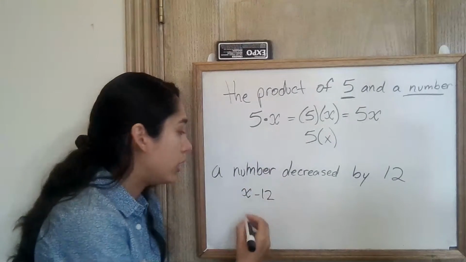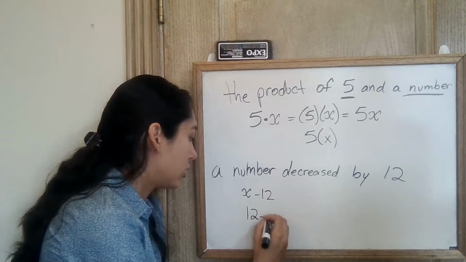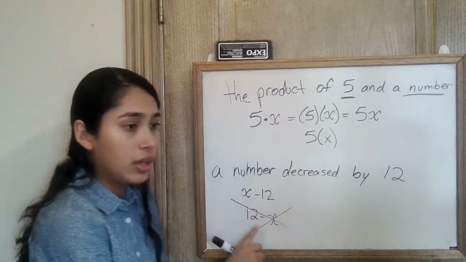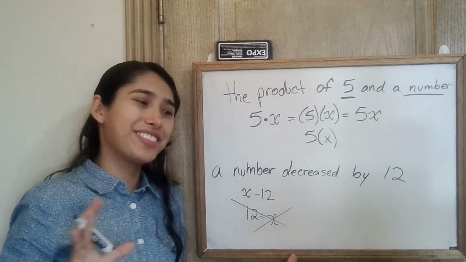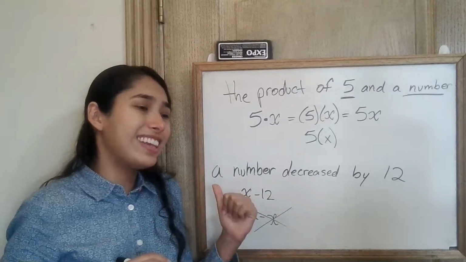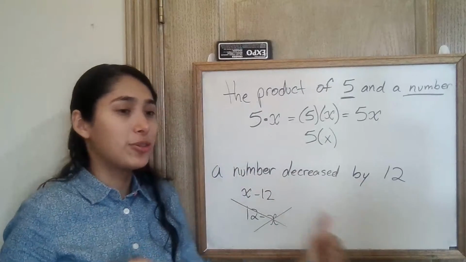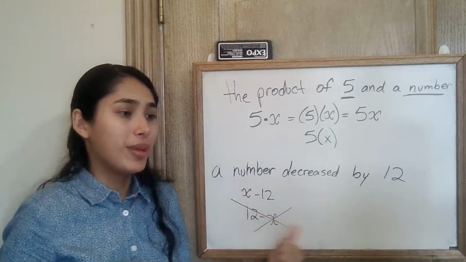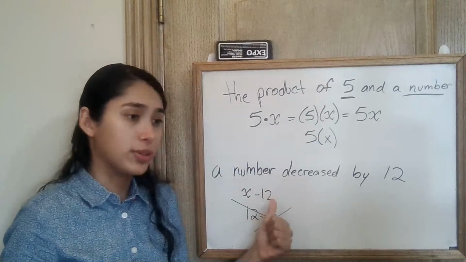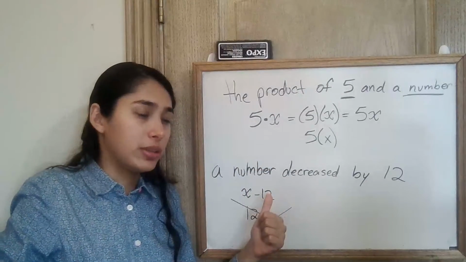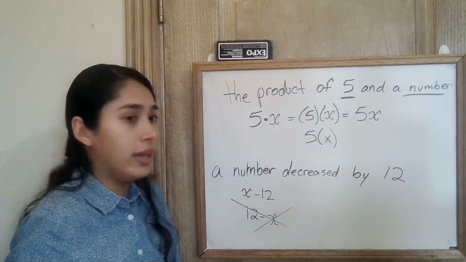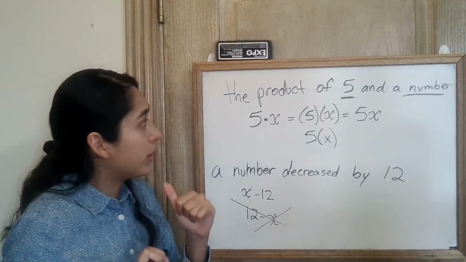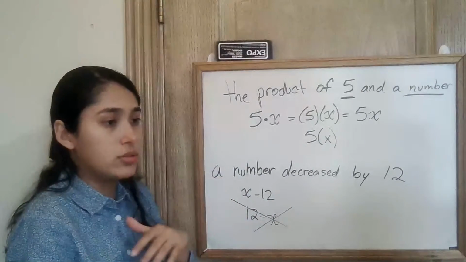It's not going to be this. No, not this. Because, and here it comes again, we read English from left to right. So we're going to set up our problem from left to right. What comes first? That's what we're going to deal with.